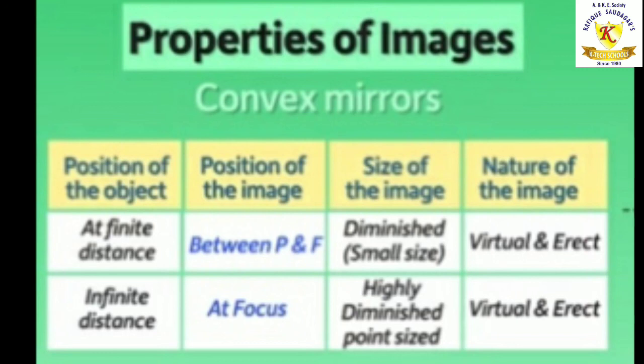At infinite distance, the position is at the focus, the size of the image is highly diminished and point-sized, and the nature of the image is always virtual and erect. Got it, children?